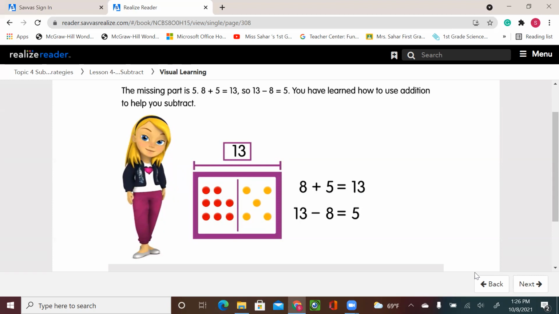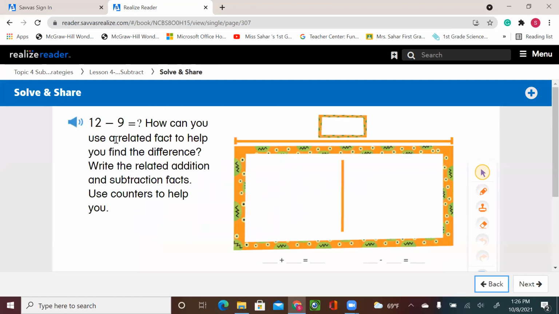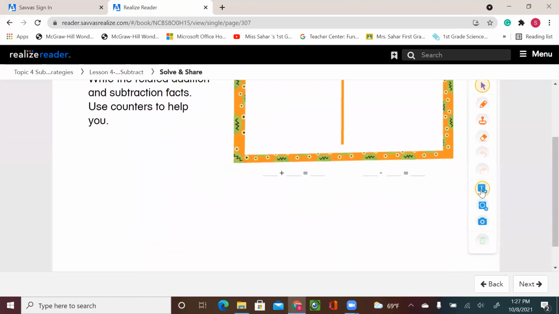All right, so let's go back to the examples we have. 12 minus 9 equals. So how can you use a related fact to help you find the difference? Write the related addition and subtraction facts. Use counters to help. So now I know that my whole number is 12. So let's write 12.